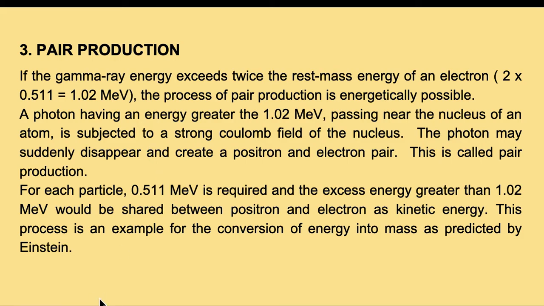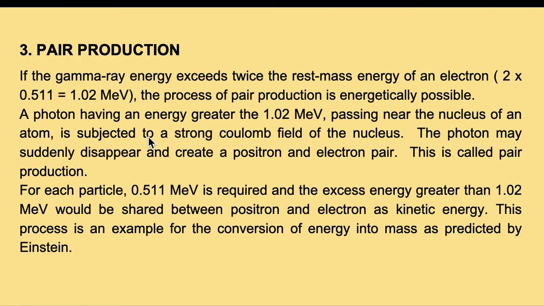And next is pair production. If the gamma ray energy exceeds twice the rest mass energy of an electron, where the rest mass energy of the electron is 0.511 MeV, that you are getting as m0c². So this 2 into 0.511 is 1.02 MeV, actually 1.022. We are taking it as 1.02 MeV. The process of pair production is energetically possible.